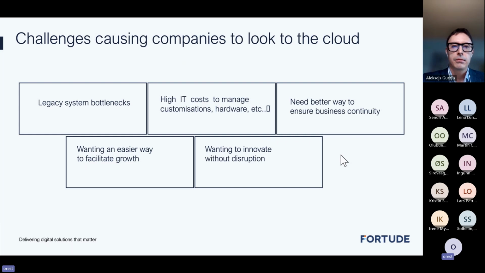There are also some challenges that companies will look at as they look to move to the cloud. Part of these challenges, like the bottlenecks that I mentioned, the high IT costs, continuity of business, innovation, and growth, are all factors that need to be addressed during the process of looking at whether or not you should move to the cloud.